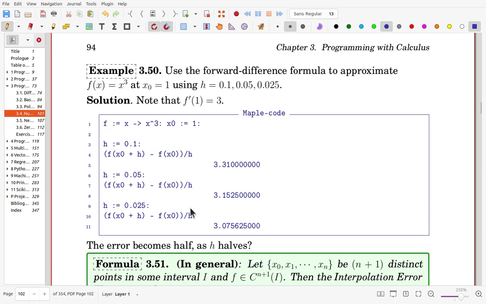This is Maple language. Defined, and x0 is 1. Now h is 0.1. Now we are measuring the forward difference. Then it is now 3.31. Here f prime at 1, f prime is 3x squared. At 1, the true value is 3.